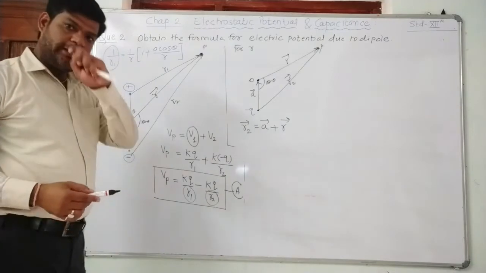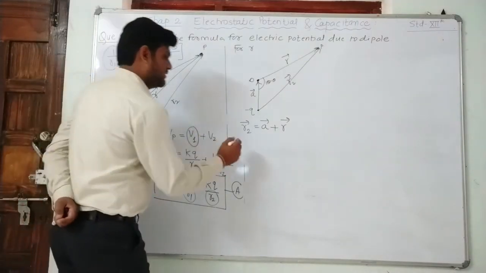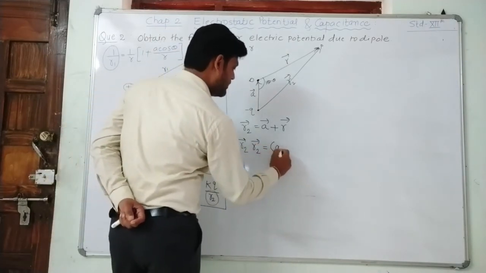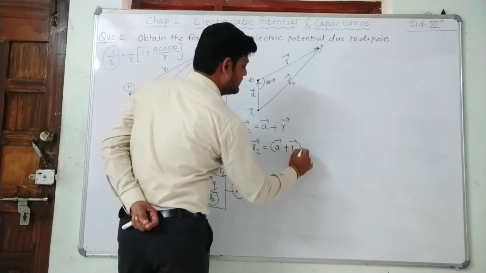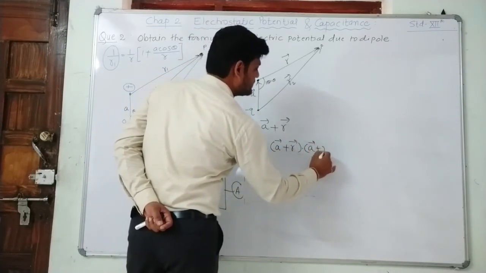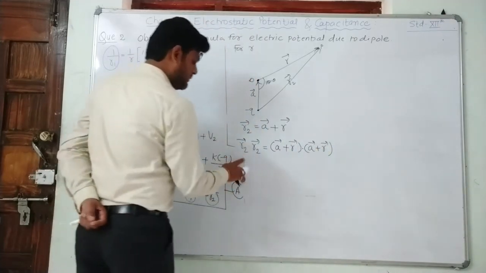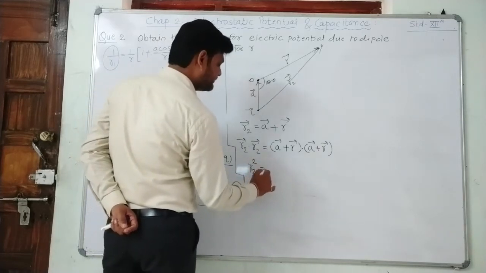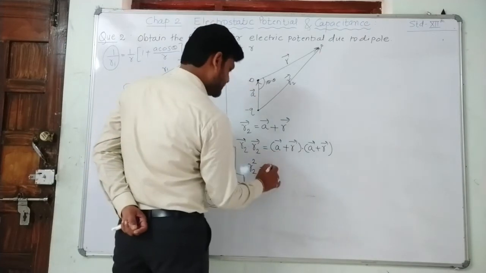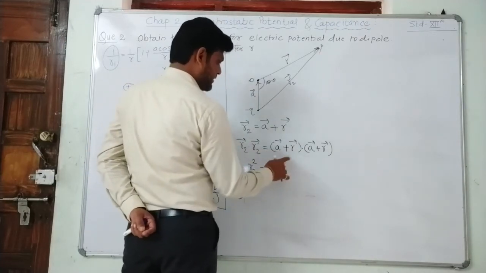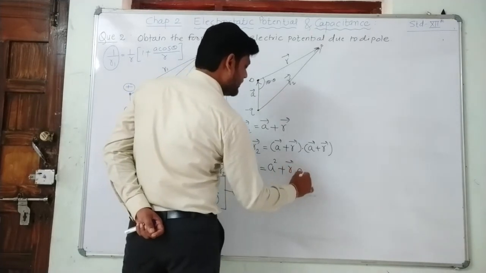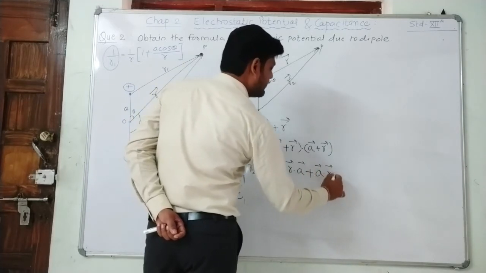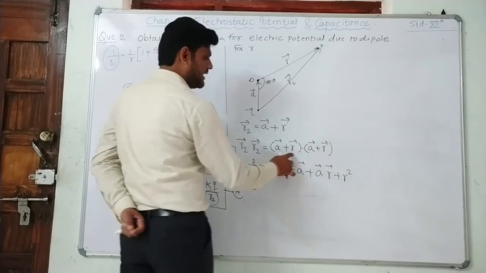We are going to calculate r2. So the first step was to multiply the equation with itself. So r2 vector multiplied by r2 vector equals a vector plus r vector dot a vector plus r vector. So it becomes r2 square equals a square plus a vector dot r vector plus r vector dot a vector plus r square.